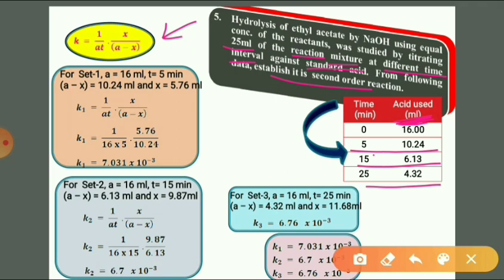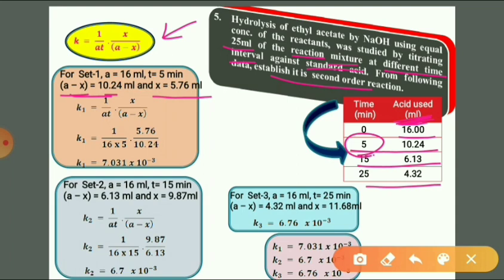For set 1, a equal to 16 ml, and t is 5 minutes. The value of a minus x will be 10.25. From a minus x and a, we can calculate the value of x, that is 5.75.